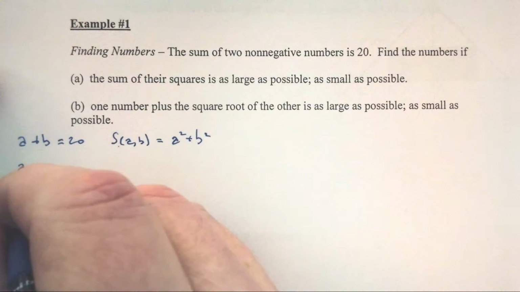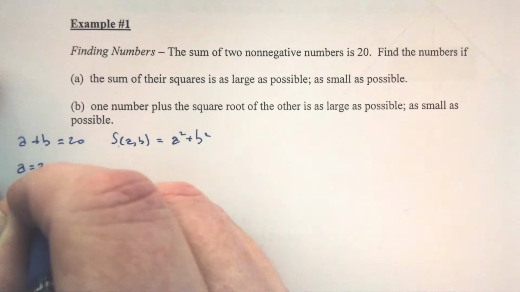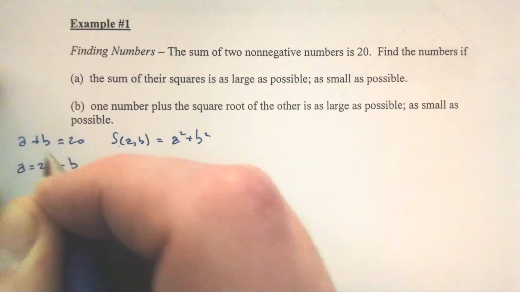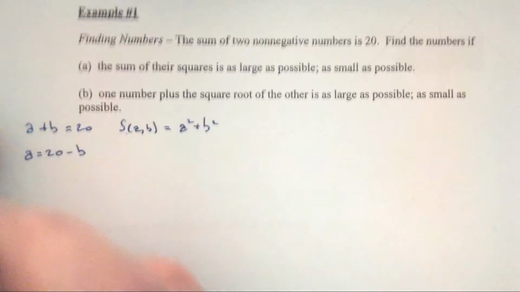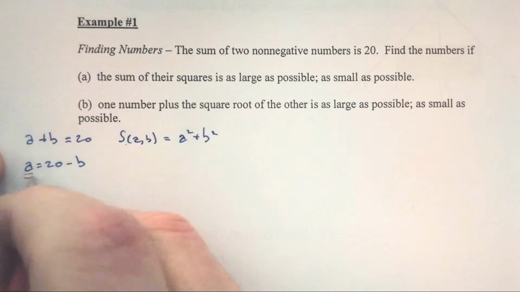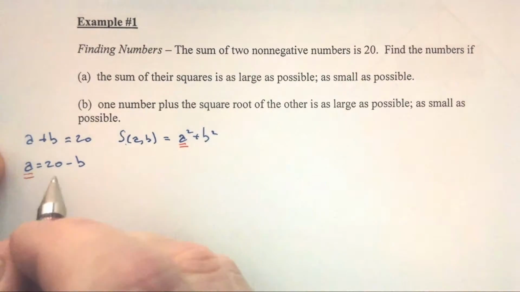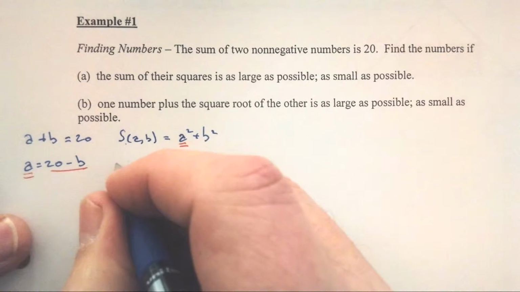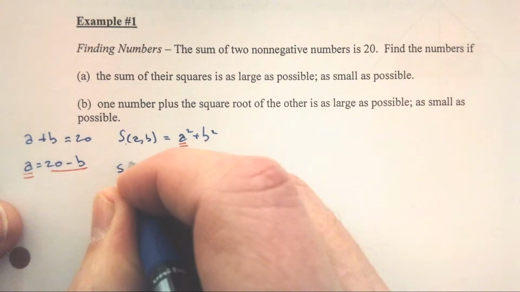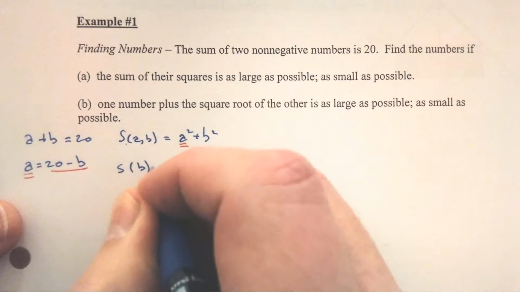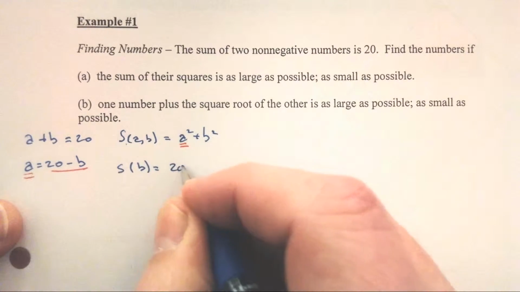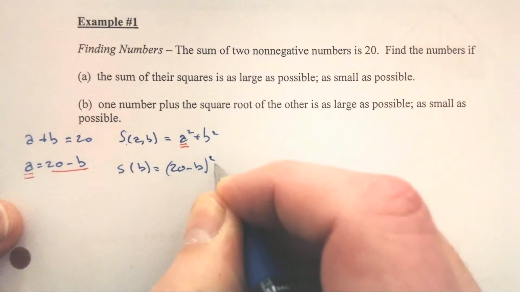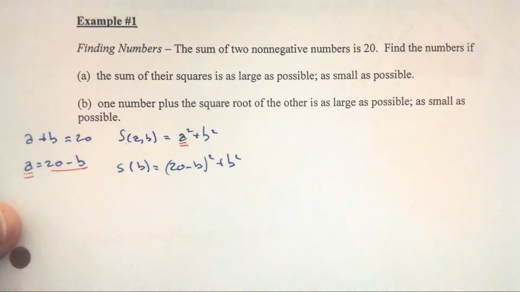So I'm going to say A is equal to 20 minus B, and that means that A can be replaced by 20 minus B. So I've got a function now. My sum of the squares, just based on B, is 20 minus B squared plus B squared.